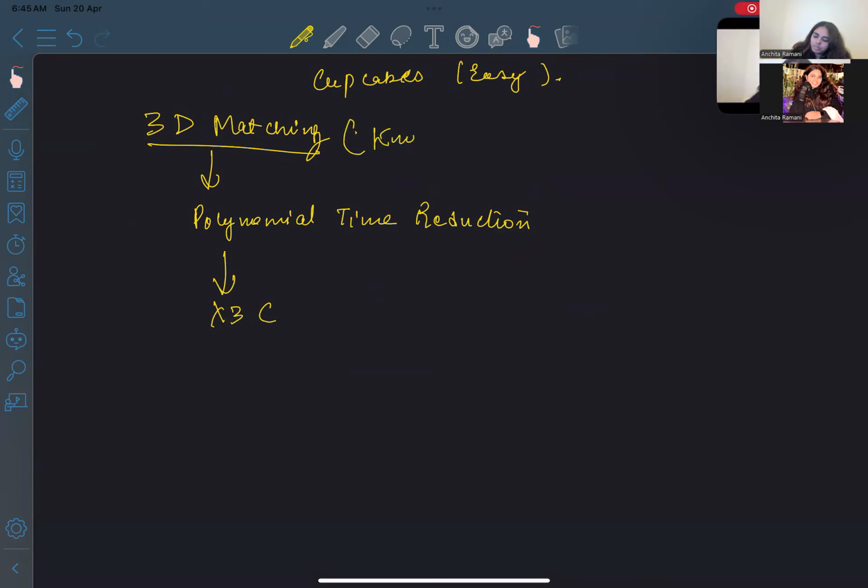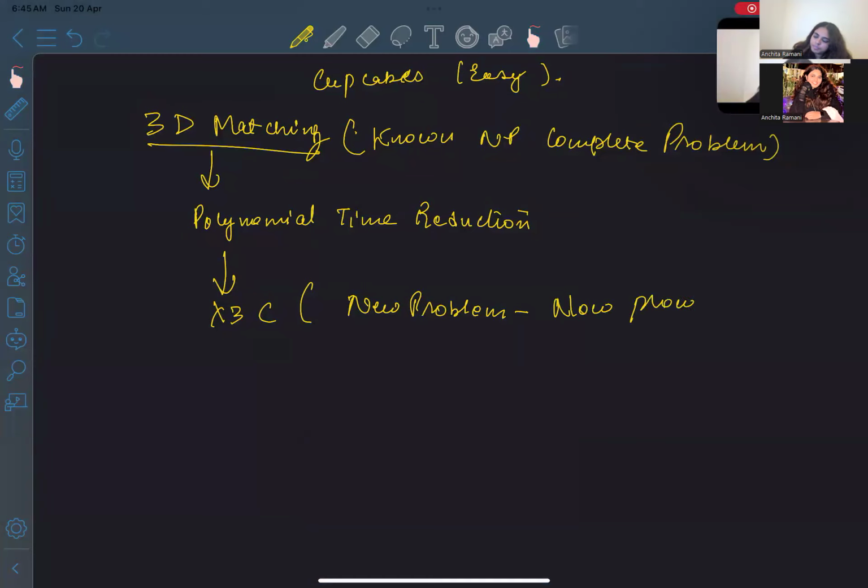This is a known NP-complete problem, and this is your given or new problem. It is proven to be NP-complete, right? Because we have already shown that it is in NP, and we also saw that this problem can be reduced.